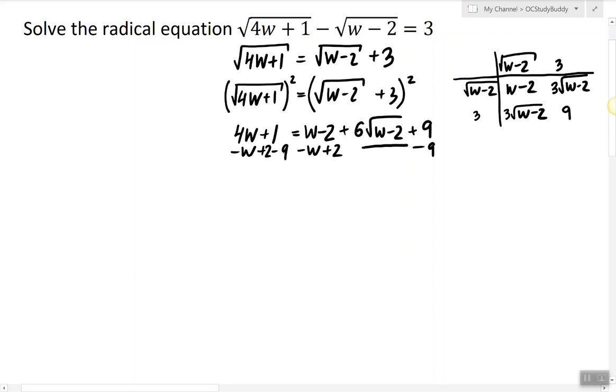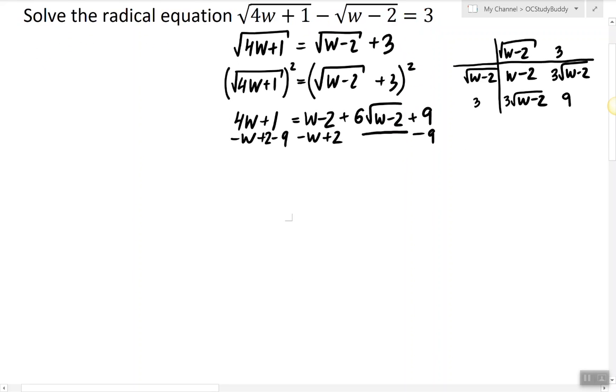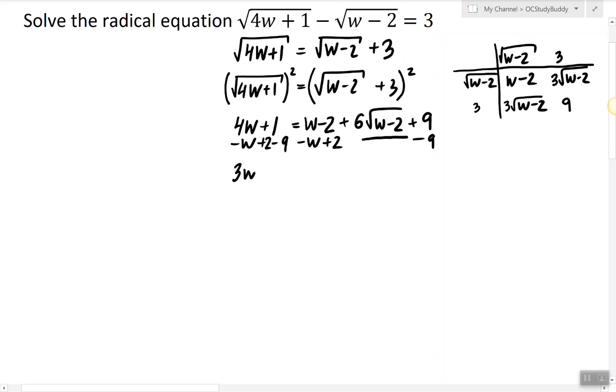As a result, on the left-hand side, I have 3w. 1 plus 2 minus 9 is actually negative 6. Sorry, on the left-hand side I have 3w, and 1 plus 2 minus 9 is negative 6, and on the right-hand side, I have 6 square root of w minus 2. Next, if we follow the method, we would have to divide everything by 6.